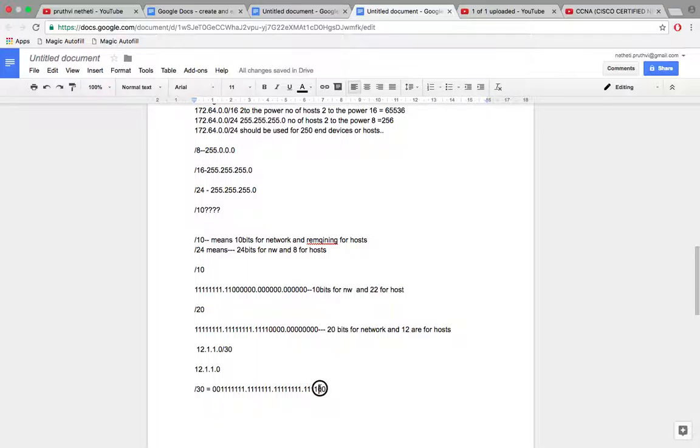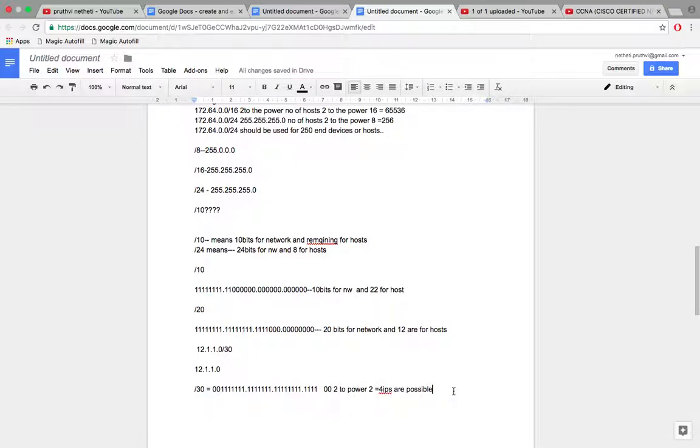So these 2 are your host bits. So how many IP addresses can you get? 2 to the power 2, because of 2 host bits, which means only 4 IPs are possible.